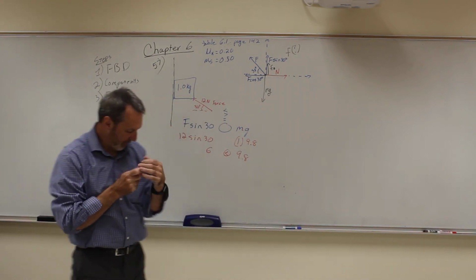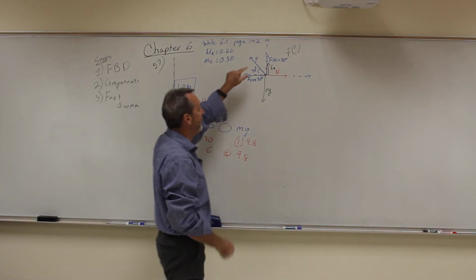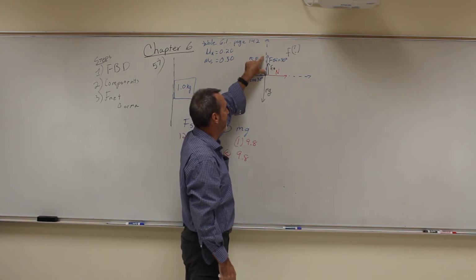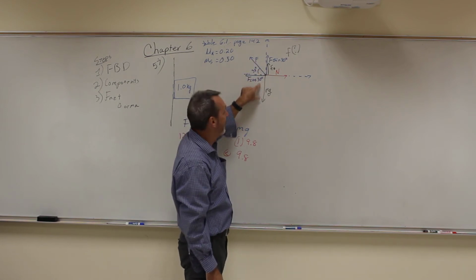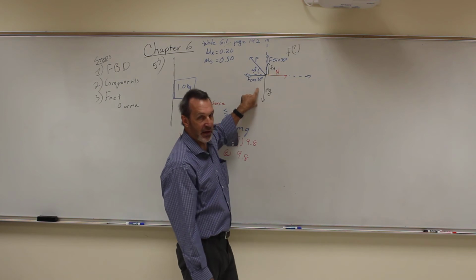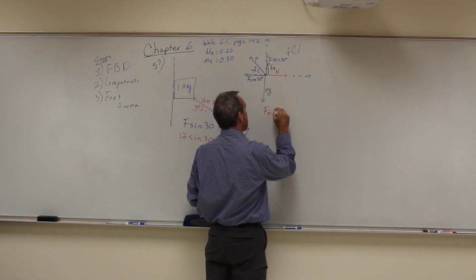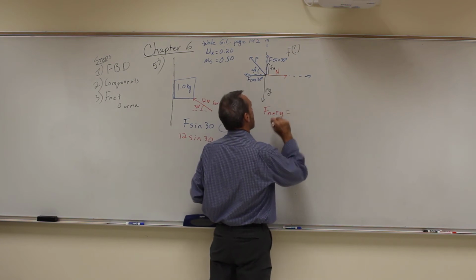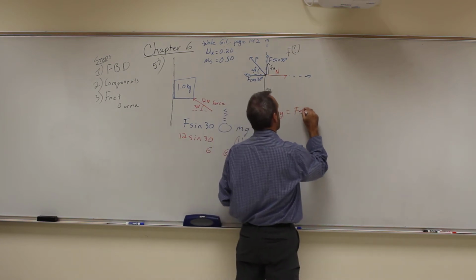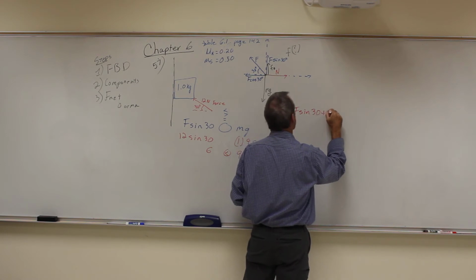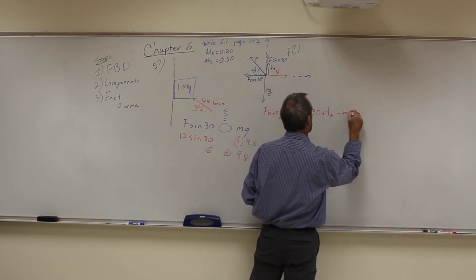Now we have to determine if static friction plus that component of the force is greater than gravity. If those two are greater than gravity, it's not going to move. So what we're going to do now is our F net y, and that's going to be F sine 30 plus the static friction minus mg.